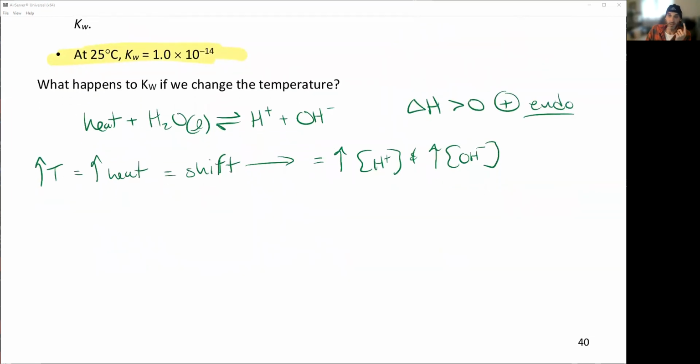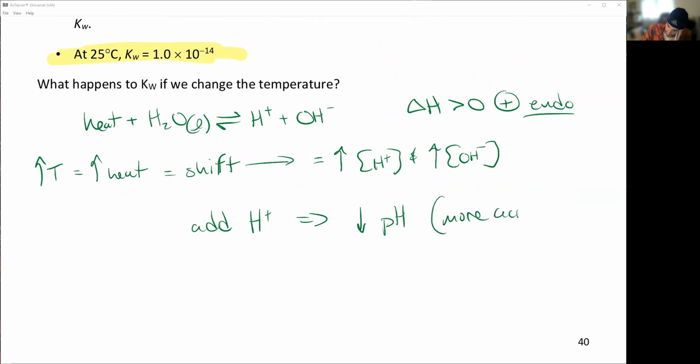What does that ultimately mean? Adding H plus leads to a decrease in pH. Warmer water is in fact more acidic by definition. A little weird, but we see a decrease in pH because we are increasing the concentration of H plus.